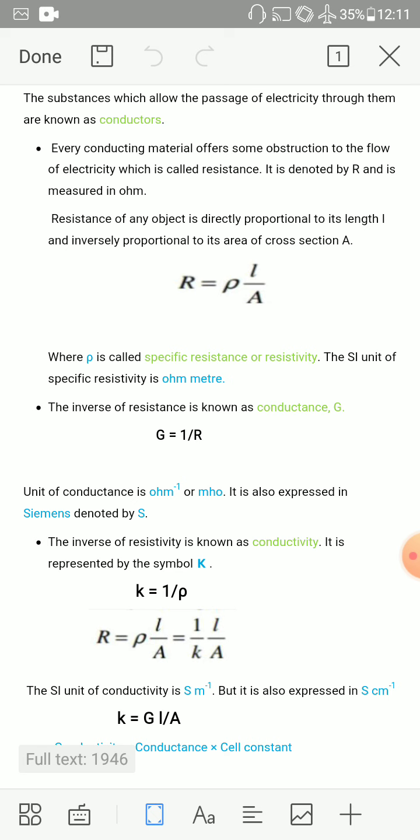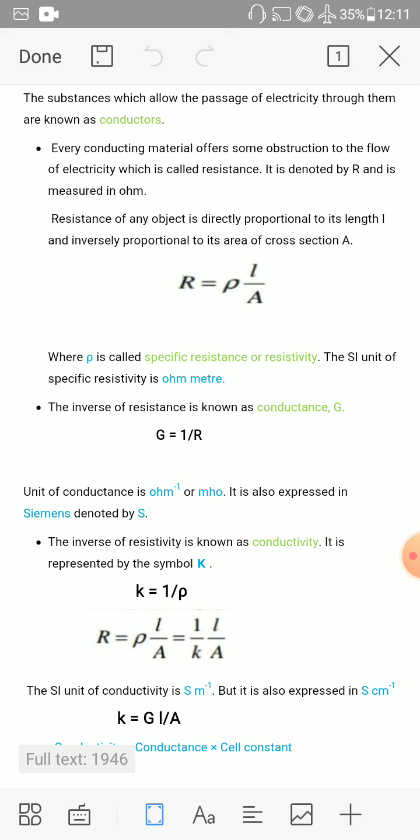It is also expressed in Siemens and denoted by capital S. So ohm inverse, mho, or Siemens, all are the same, all are units of conductance.